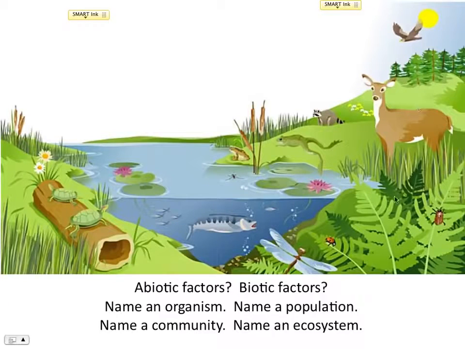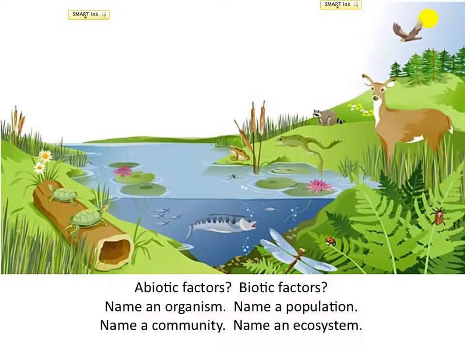Okay? Ferns. So all these things are biotic factors. And then you can talk about any interaction that they're having. So is there any predation going on? Is this fish going to eat these little fish? Or are these two turtles competing for the same spot on a log? Competition. We're going to talk about some of these interactions between living things in the next section, but this is just a preview of that.